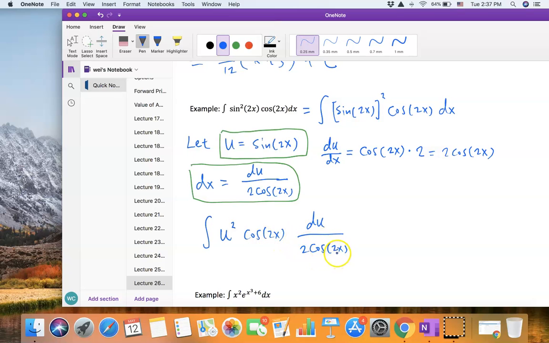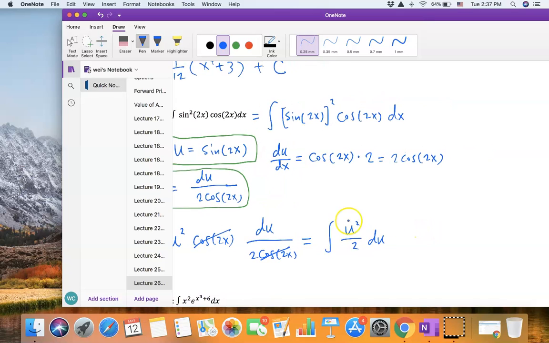Now these cosine of 2x are cancelled out. Now the integral becomes the integral of u squared over 2 du, which we can write as 1 over 2 times the integral of u squared du.